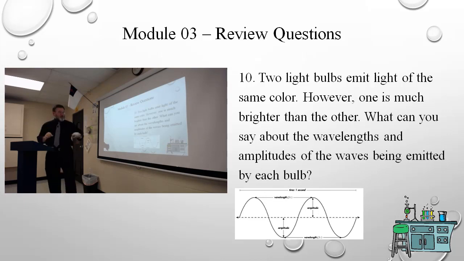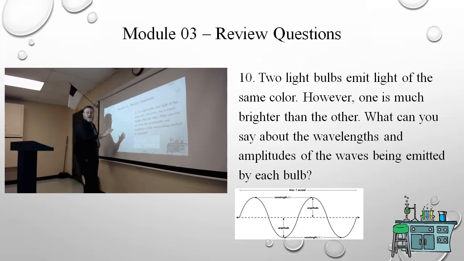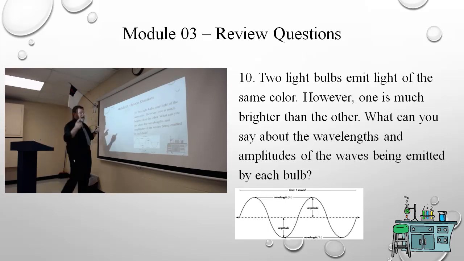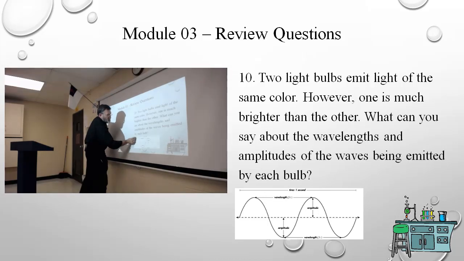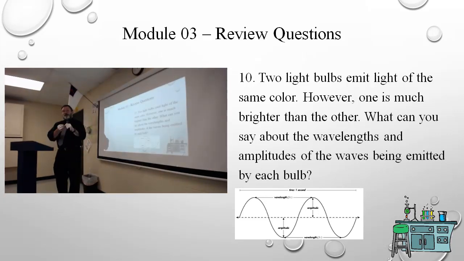If I put the first wave on here and I took the other wave, let's say I took the brighter light and I put its waveform on top of this one, how would it be different? It would have a greater amplitude, right? It would be taller. The brighter light would do something like this. Above, below. Above, below. It would cross at the equilibrium points at the same place, but the waveform would have a higher amplitude, meaning it would go higher above equilibrium on the crest, and it would go lower below equilibrium on the trough.